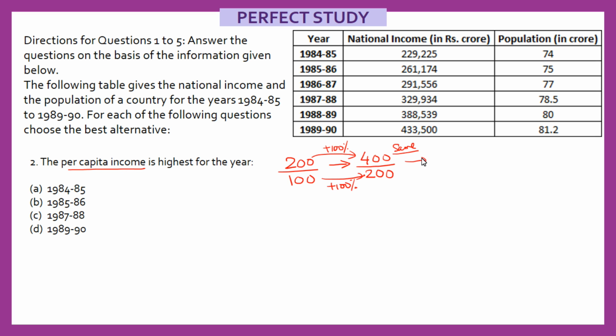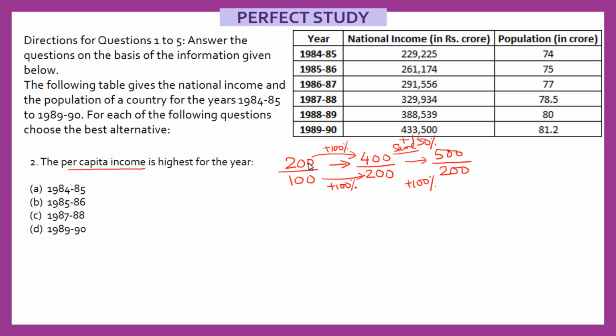Now vice versa, suppose we increase this to 500 and keep this as 200 only. Now is this fraction greater than the previous fraction? How do we know? Here 200 to 500 is increasing by 150%. There is an increase of 300, and 300 on 200 is 150%, but here the increase is only 100%.